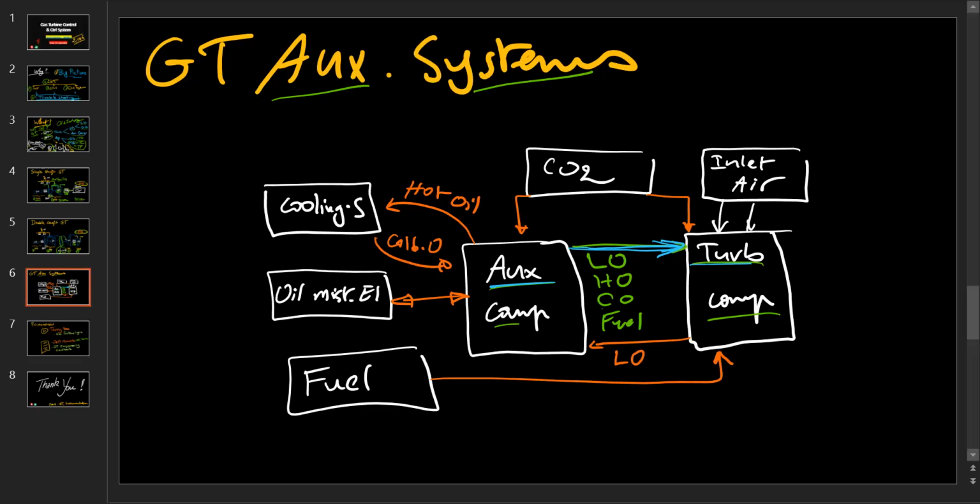I said that lube oil is used for lubrication, so to cool the gas turbine components, where we get a metal to metal contact in the shaft. Remember this was the shaft, and we had a compressor and a turbine.